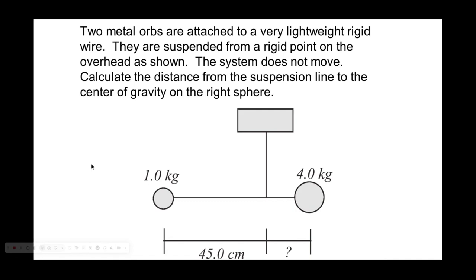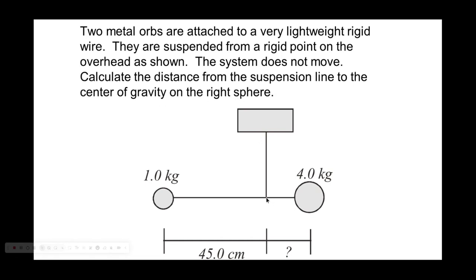So imagine this setup here. We've got a thin wire or rod attached to the ceiling here, and then another rod or wire attached perpendicular to that, in which there's two objects that are suspended. So if the two metal orbs are attached by a very lightweight rigid wire suspended from a rigid point overhead, and the system does not move, calculate this distance from the suspension line to the center of gravity on the right sphere.